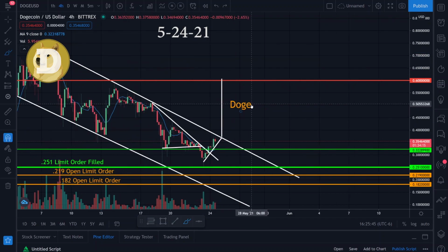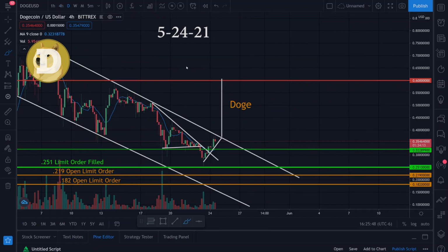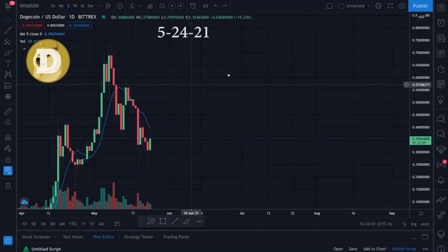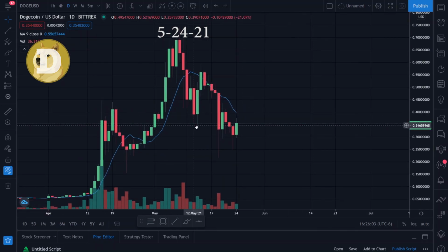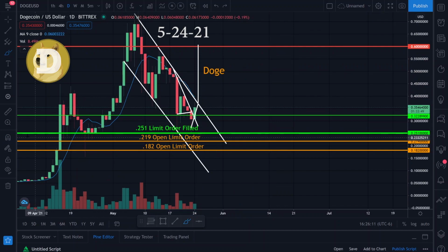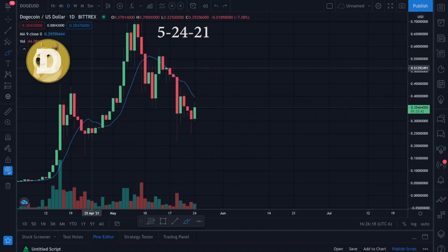But the other thing I'm watching is, if we go to the daily time frame, let's clear everything off real quick so you can see it better. What we've got going is this 9 moving average. I talk about this constantly on my channel, this 9 moving average right here, and I just brought back the lines. So what we're looking for is a break to the upside of this blue line.